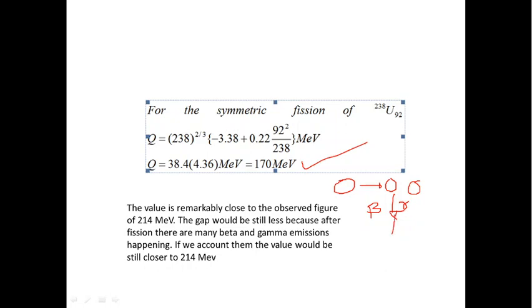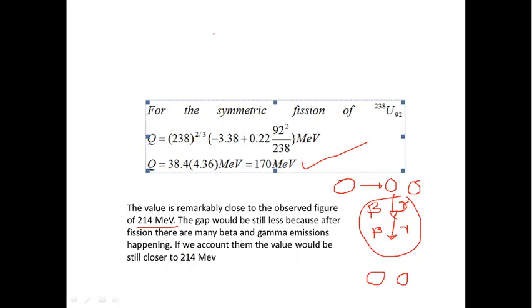It will undergo a series of reactions where a lot of beta particles and gamma rays are emitted, because till it reaches a stable state, it will keep on emitting that. So if you consider all these emissions and their energy and add them up, the figure comes closer and closer to 214 MeV.